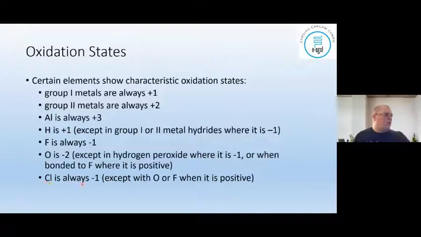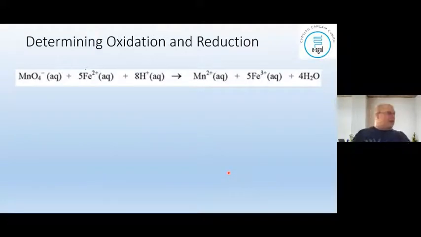And then chlorine is always -1, except when bonded to oxygen or fluorine, where it takes a positive oxidation state instead.